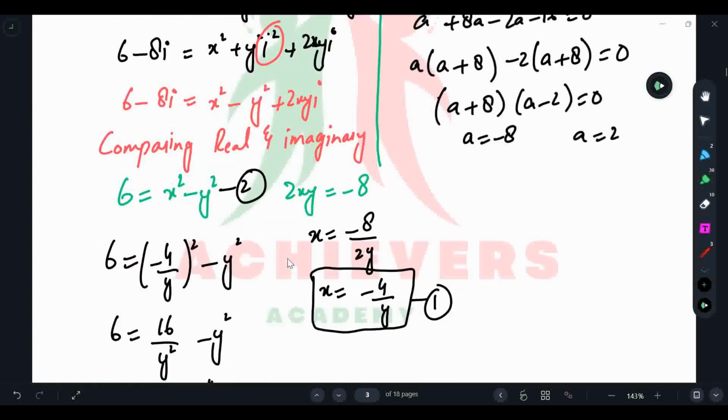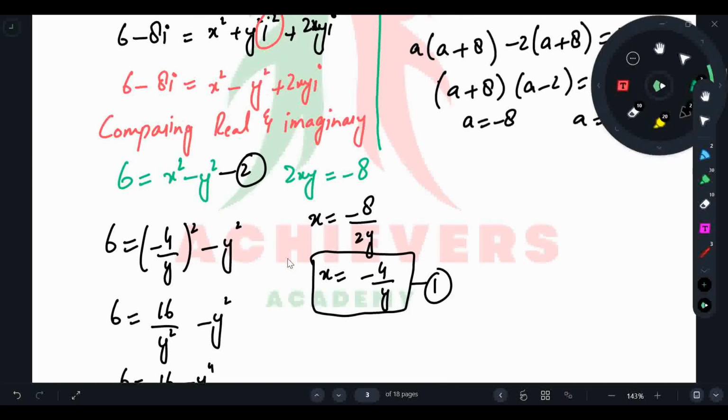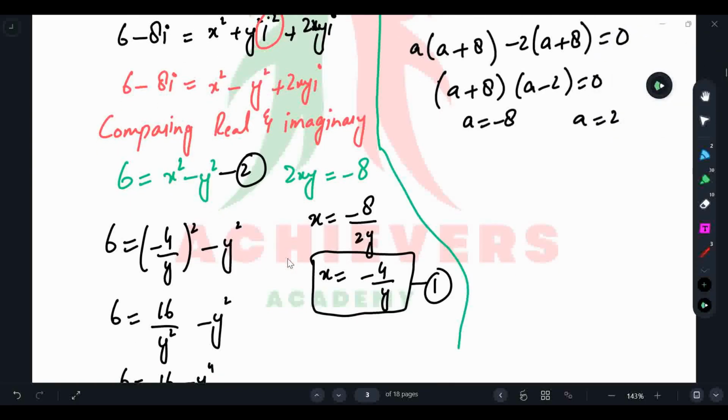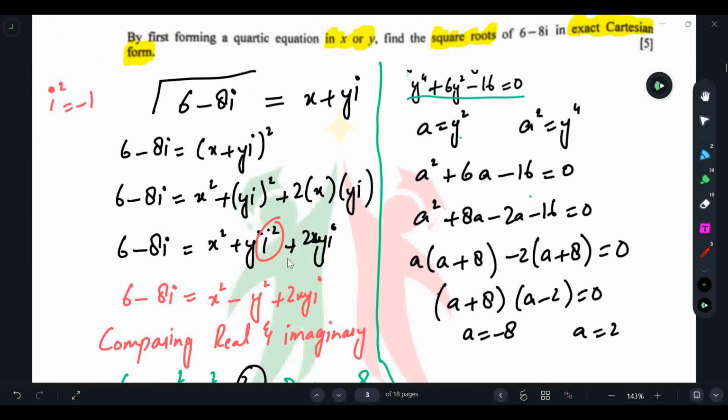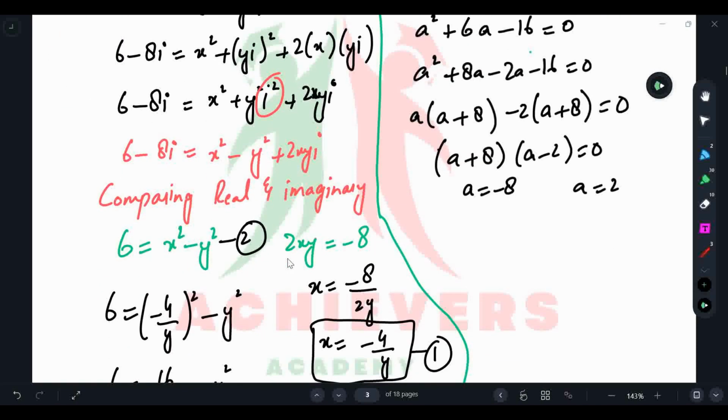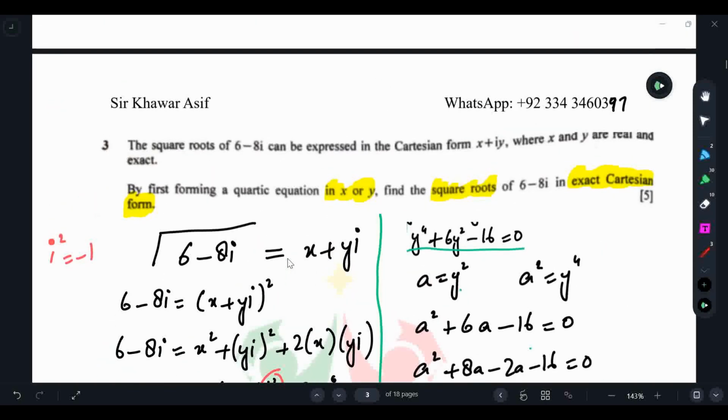Now from here we can easily find out the value of y. We know that a is equal to y squared, so y squared is equal to -8 and y squared is equal to 2. Now they were saying that x and y are real and exact.